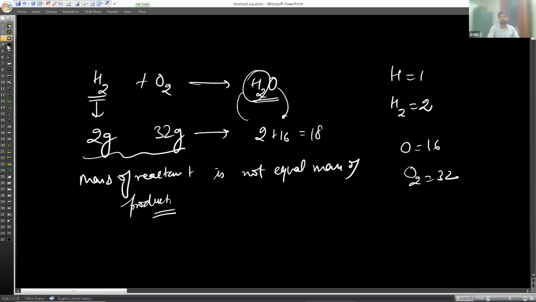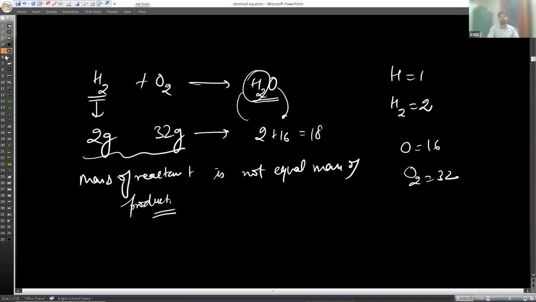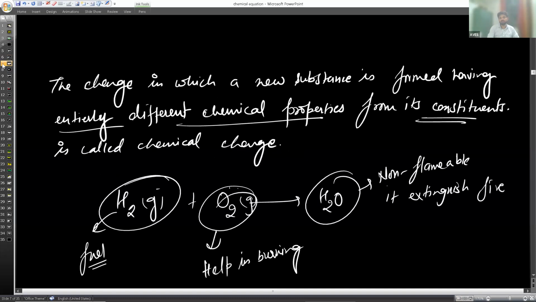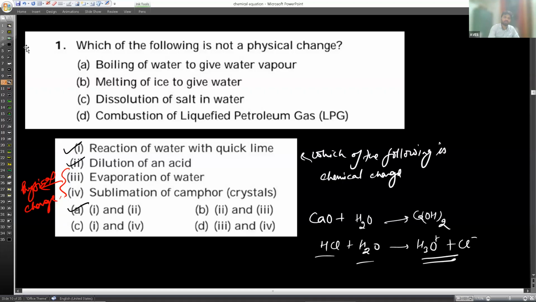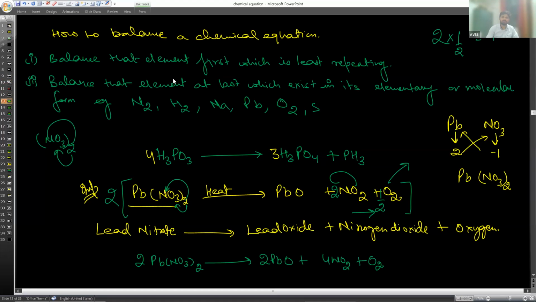Okay, so the question was why there is a need to write a balanced chemical equation. Now, what are the things that we need to keep in mind while balancing a chemical equation? We are going to write how to write a balanced chemical equation.